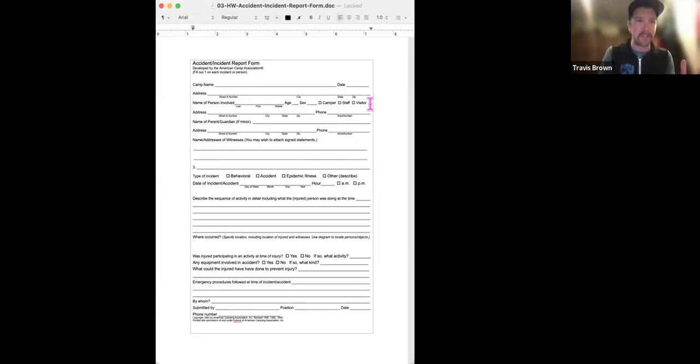Some of the most serious incidents that I've responded to have been bystanders, so that definitely is interesting. And then their personal information, address, parent or guardian if they're a minor, all of that. It can also be a good place to put names of witnesses and contact information, so they can attest to the care that you provided, or shed more light on what happened in the incident.